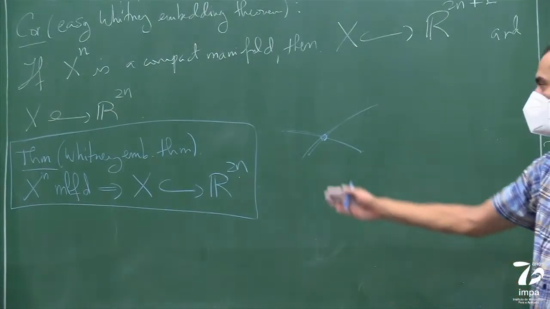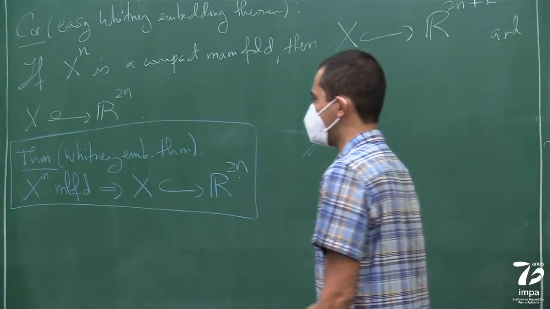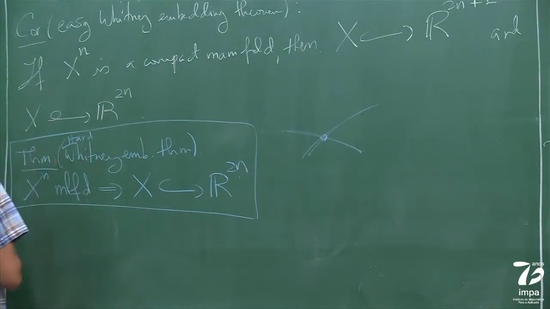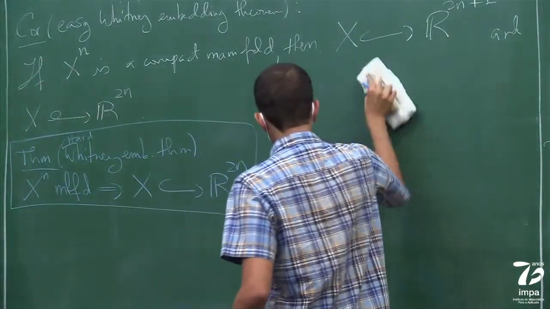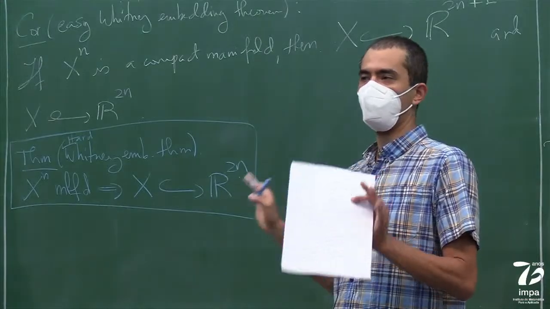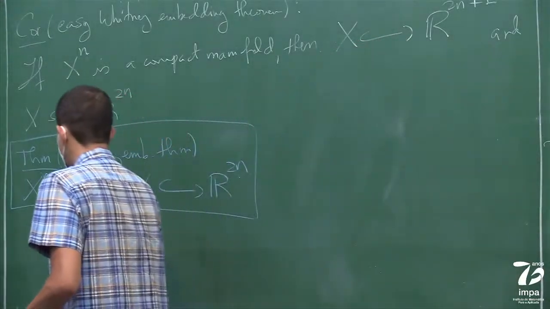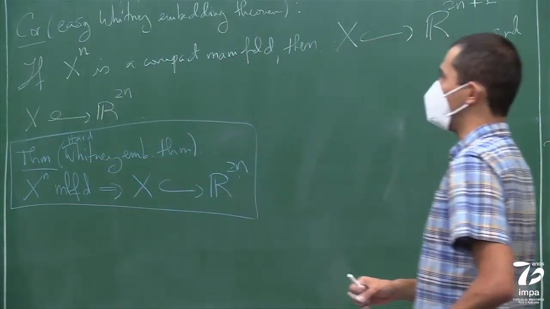So that's why this is much harder. This is called the hard Whitney embedding theorem. If we talk about this, it's going to be at the very end, but it's unlikely. But let's prove the easy Whitney embedding theorem.